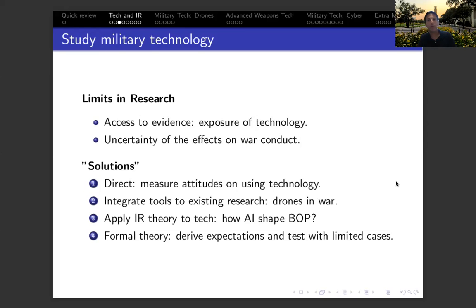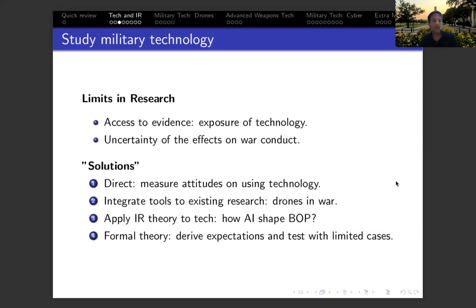A third approach applies existing IR theory to the limited evidence that we do have about technologies. For example, how does AI, which is the acronym for artificial intelligence, fit into theories such as balance of power?